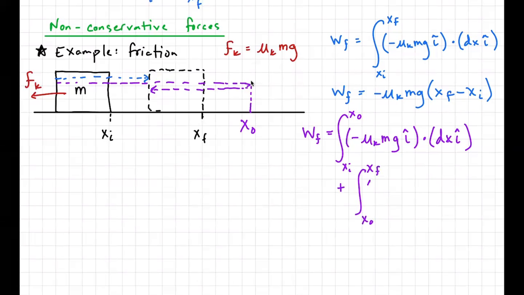Now the force points to the right because the block is moving left, so it's a positive frictional force dotted with our path length vector. We can't really do the single integral here because the value of the force changes discretely when the block slides.